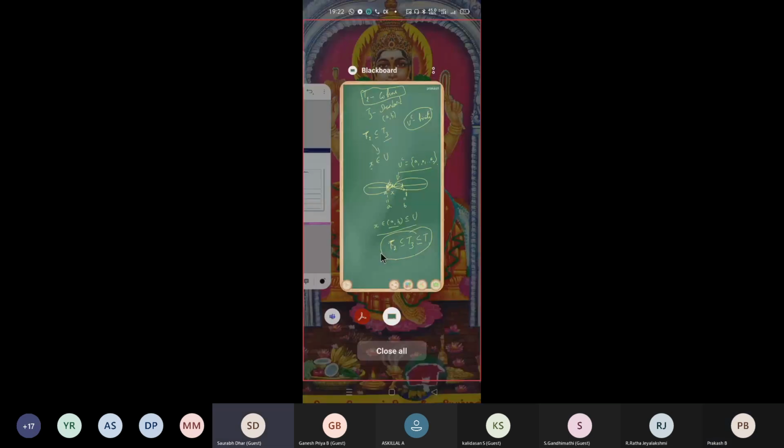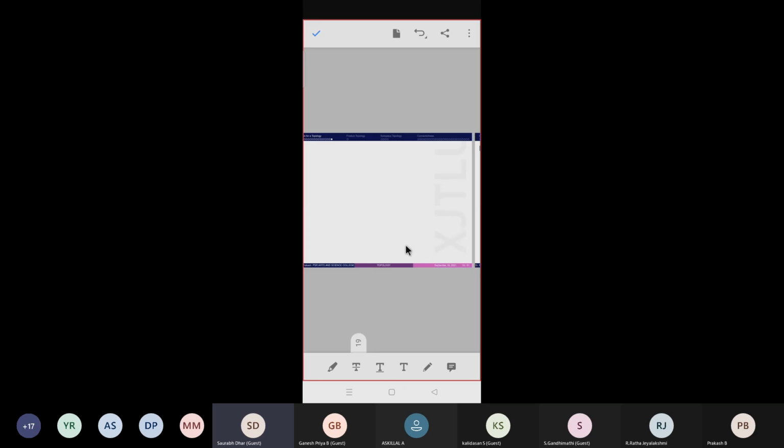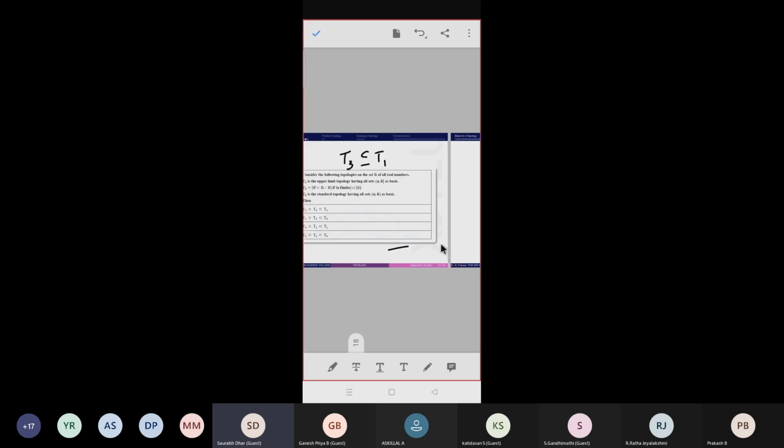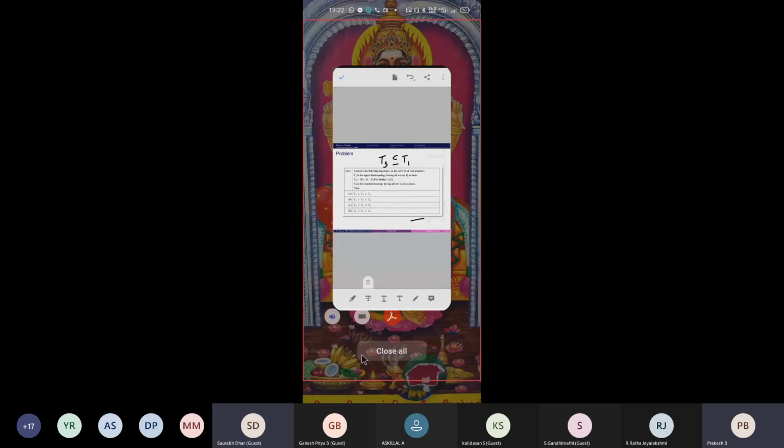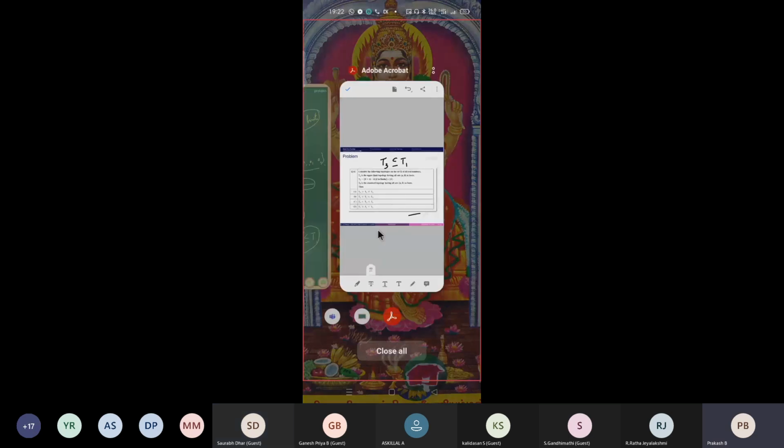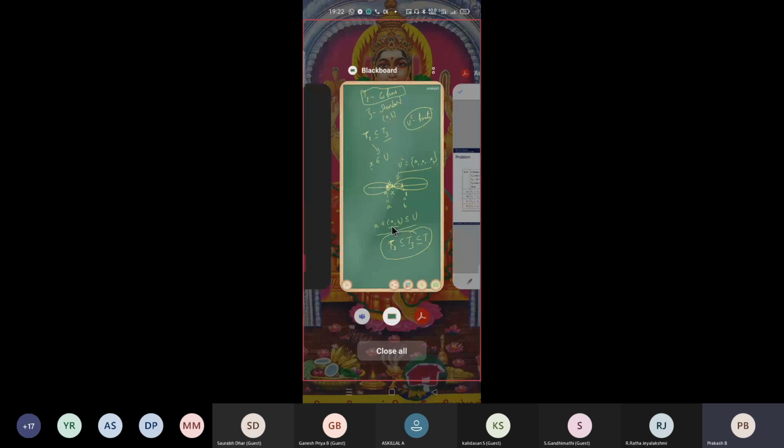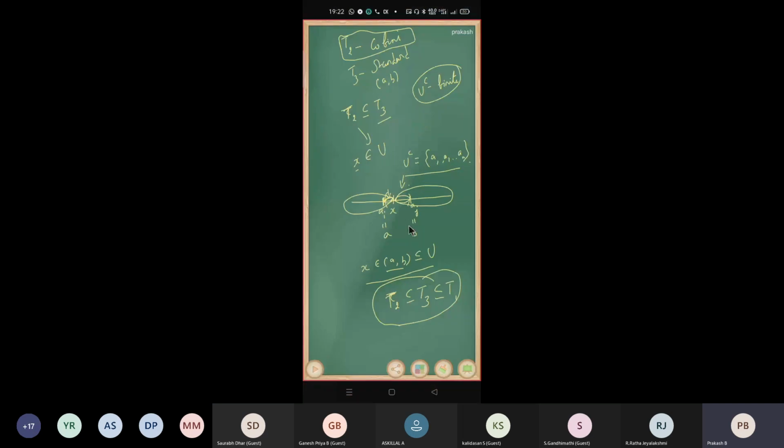Why do Ai and Aj exist on the left and right? I have a confusion regarding that. Yeah, very good. Suppose all the elements of U complement lie on the left hand side, then we have no elements on the right hand side, right?